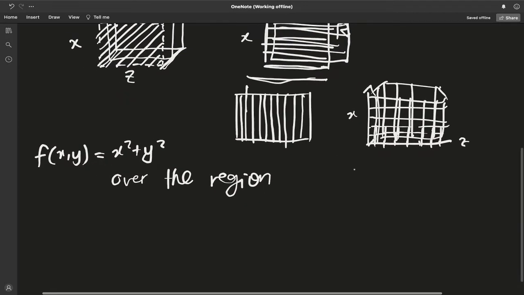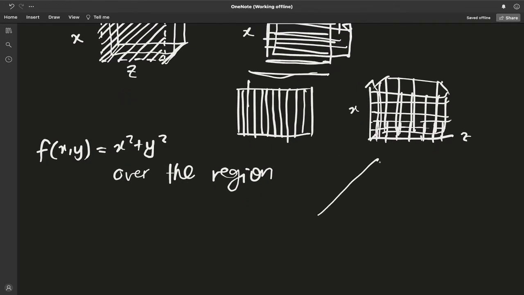Let's describe the region. You have an xy plane, so it's a 2D region here, which is going to give us a volume.